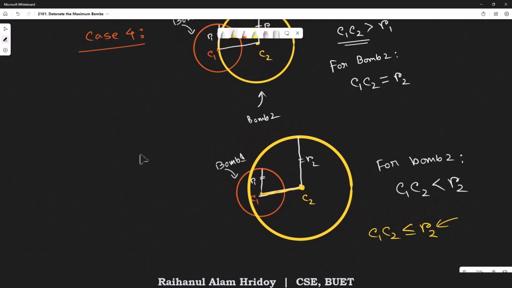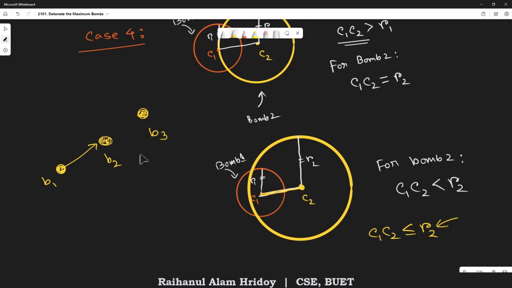Let's think, this is a bomb, this is bomb 1, let's just mark it as B1. Now bomb 1 detonates bomb 2, so let's have a connection here. Then there's another bomb, which is bomb 3.